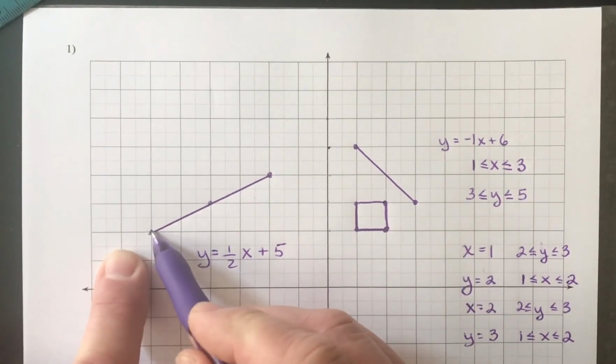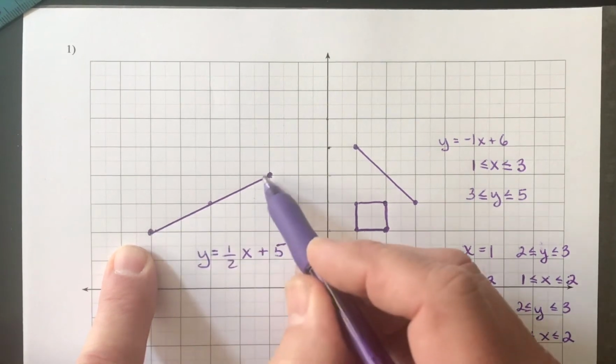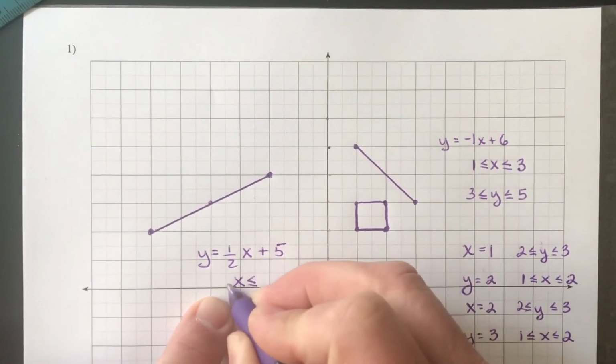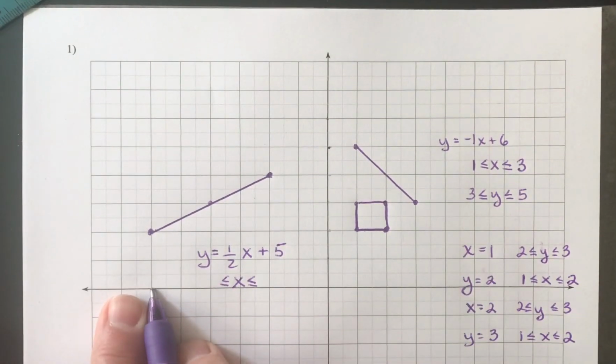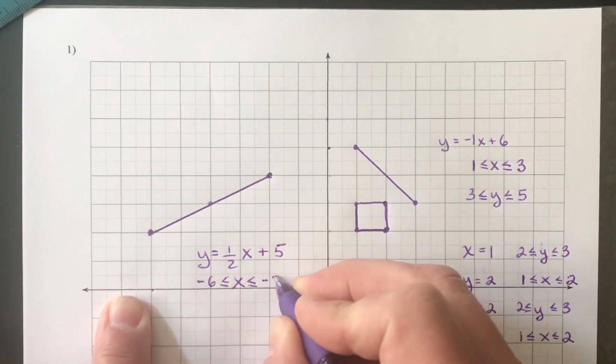And then in order to have these particular endpoints and not continue forever, then I can just restrict the values of x, my inputs here, from negative, let's see, this would be -6 to -2. So -6 to -2.